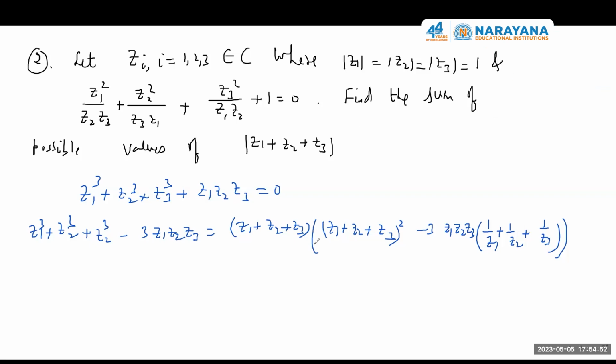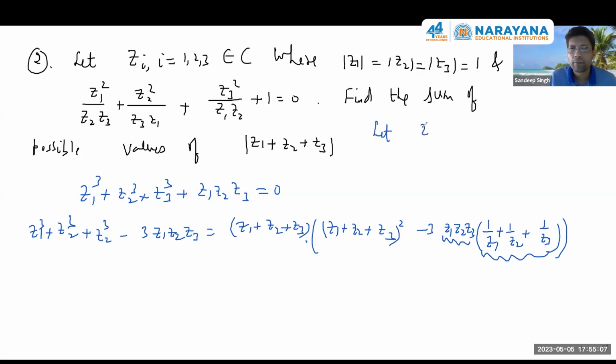Yes, sir. Now, what is the motive for taking this factor common? Tell me. What is the next step? I'm going to write this as conjugate. Before that, let me put this value equal to z, some complex number.